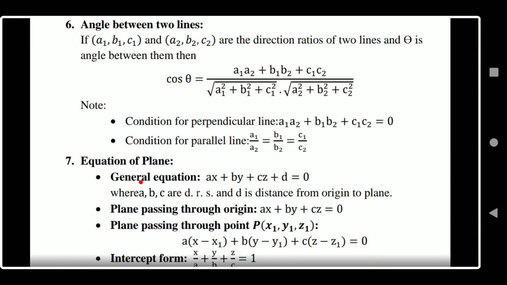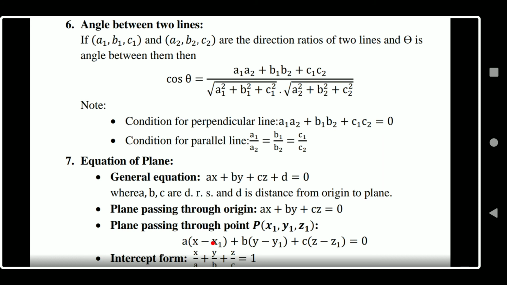Now the equation of a plane. The general equation of a plane is ax plus by plus cz plus d equal to 0, where a, b, c are the DRs of the normal and d relates to the distance from the origin to the plane. For a plane passing through the origin, the equation is given by ax plus by plus cz equal to 0.